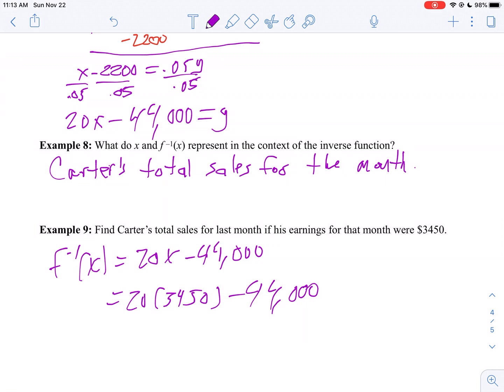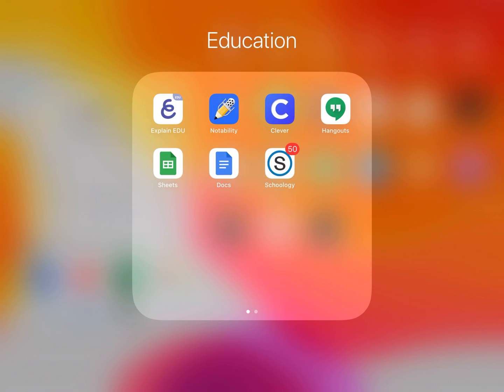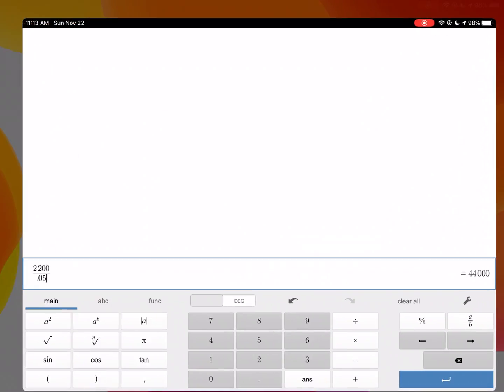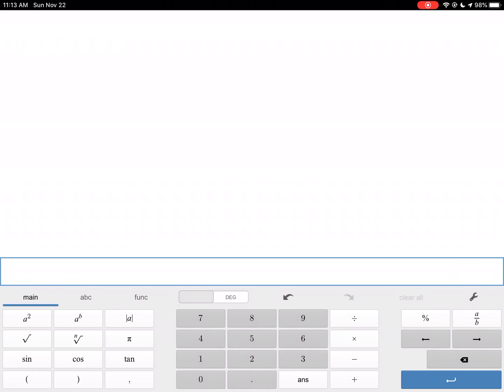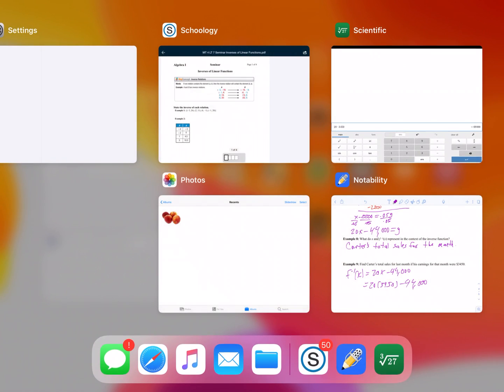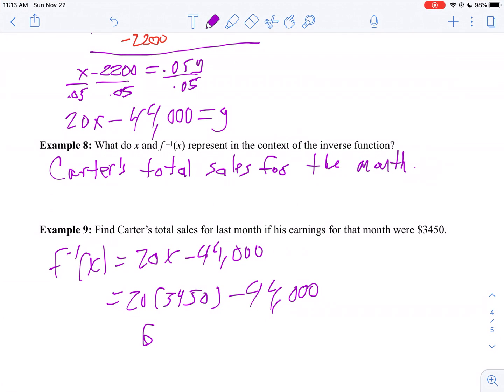Well, let's use your calculator. Let's take 20 times 3,450. We get 69,000. So in other words, it's 69,000 minus 44,000.